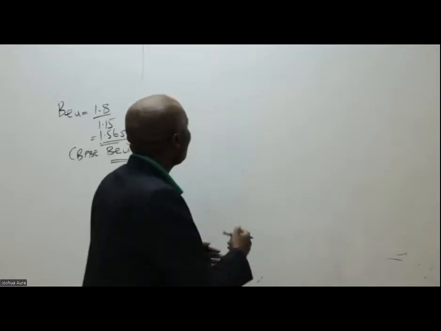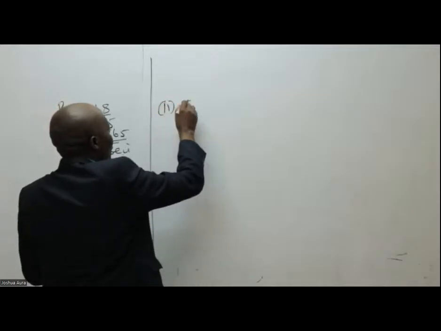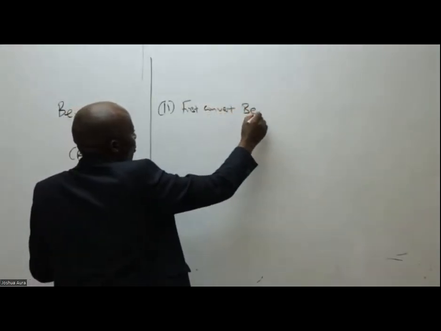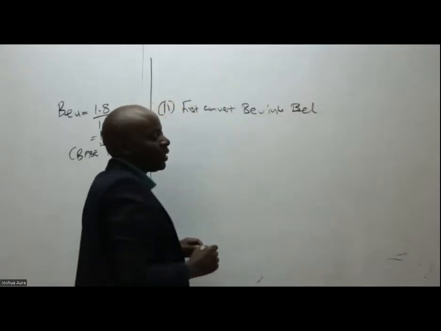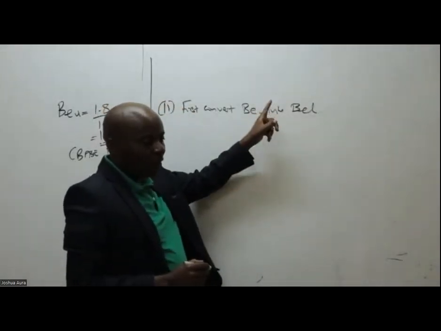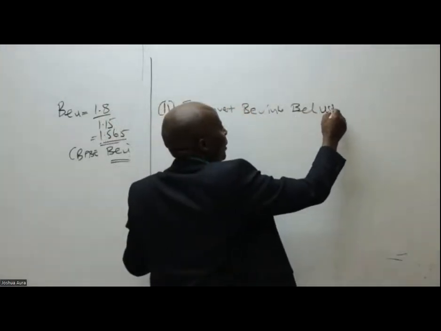So the first thing we need to do here, Roman 2, is convert BEU into what here? Into BEL, the beta equity of a levered organization, using Hamada's model.